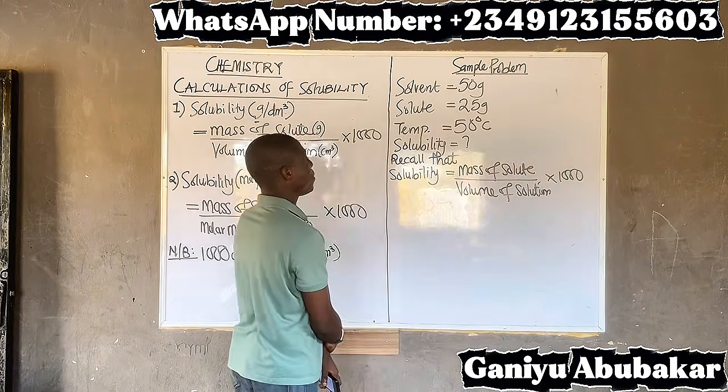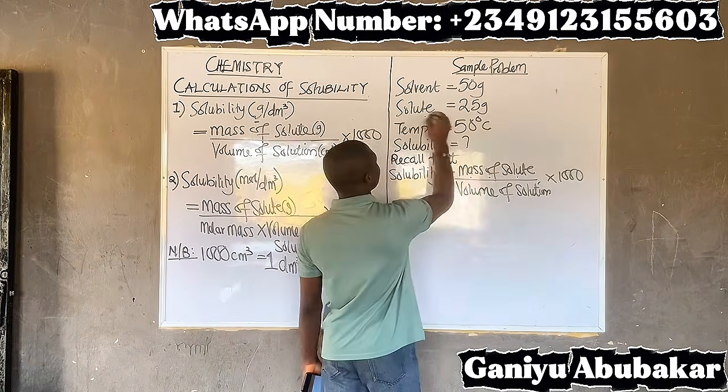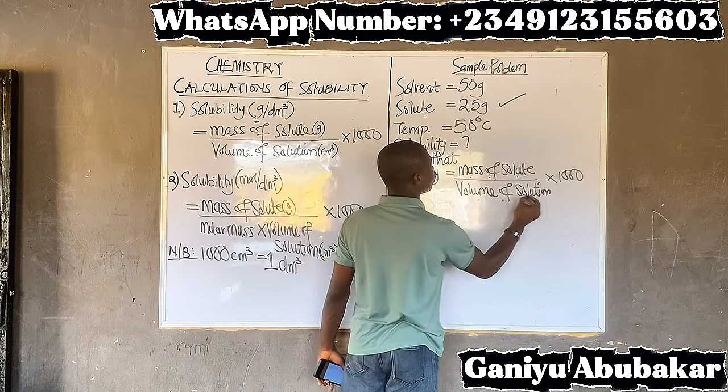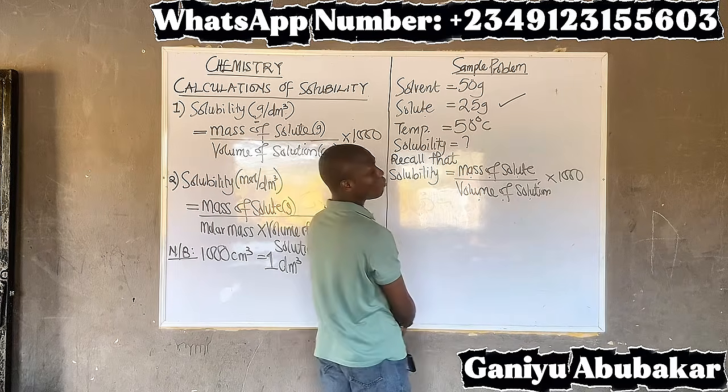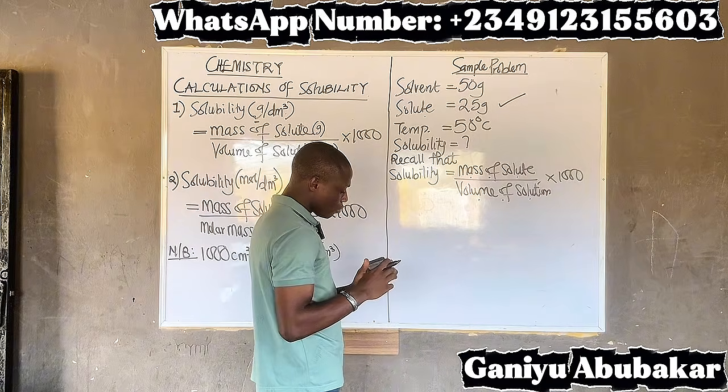First things first, the task is simple. Mass of solute is given as 25. I know this. Next task, volume of solution. I don't know volume of solution in this case. So what will be the volume of solution in this case?